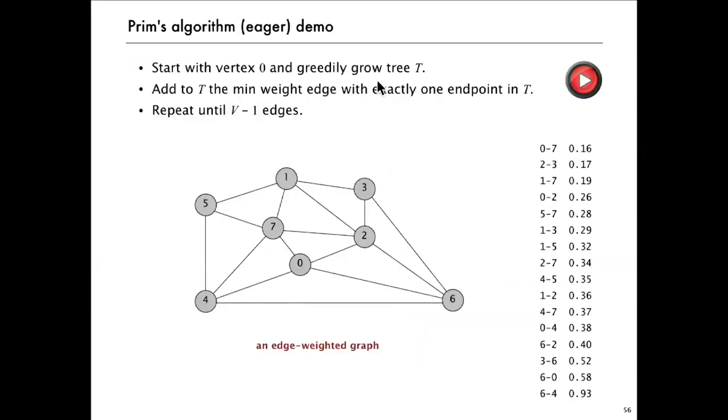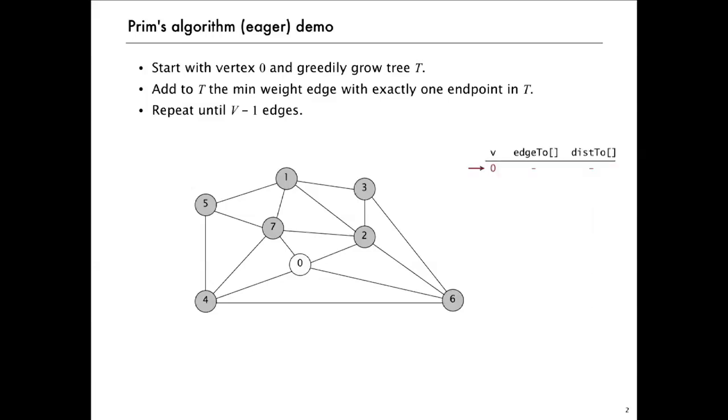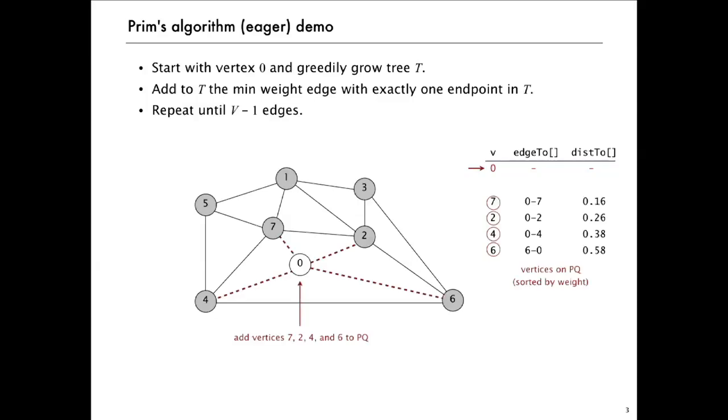So again, it's just an implementation of Prim's algorithm. It's just how do we get the min-weight edge that connects to the tree, and this is a more efficient way to do it. So again, we start out with our graph, start at 0, and let's get going.